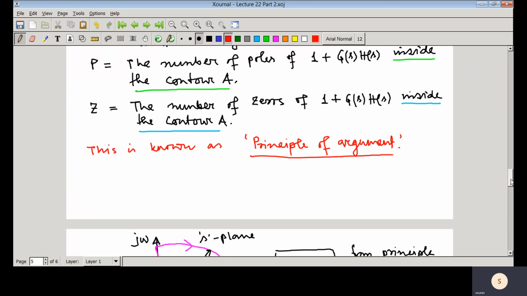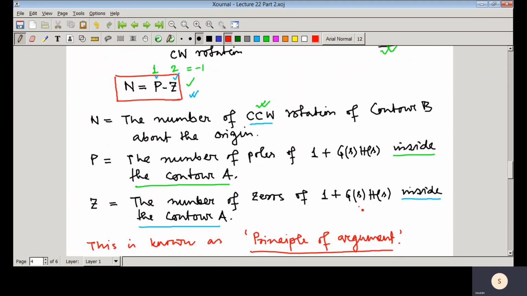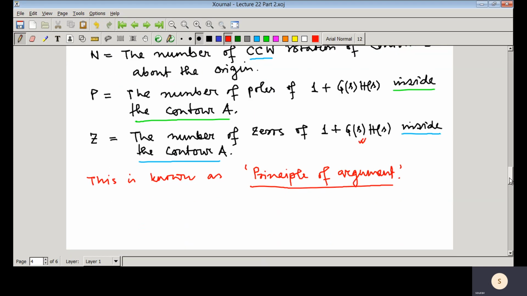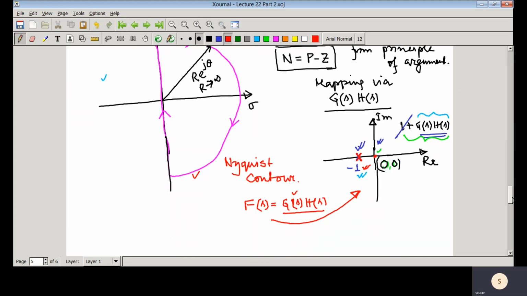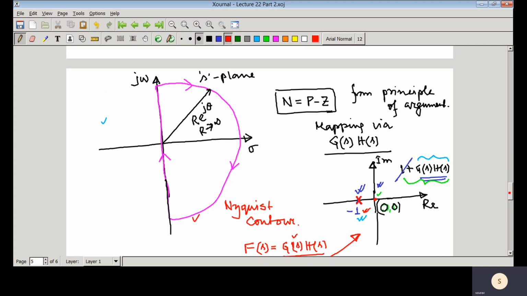The reason is 1 plus g of s h of s is actually the characteristic equation of the closed loop system, and we are interested in seeing whether the closed loop system would be stable or not. So the Nyquist stability criterion tells us whether the closed loop system is stable or not based on the information of the loop transfer function and the mapping that we are going to discuss.